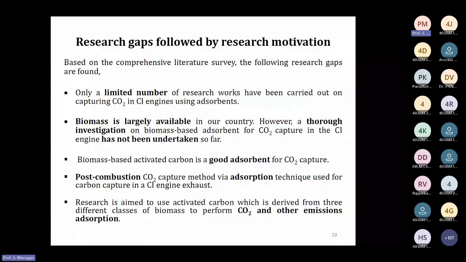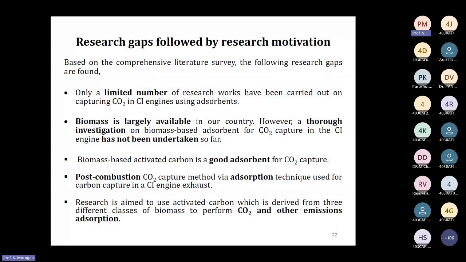That's why we focused on post combustion carbon dioxide capture using the adsorption technique in a diesel generator. That is our main research work, what we did in the last 6 years, that I would like to present here. Some of the important areas I would like to present, so that anybody interested to work in this area can enter into this.